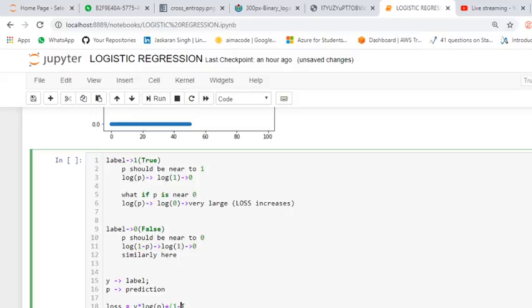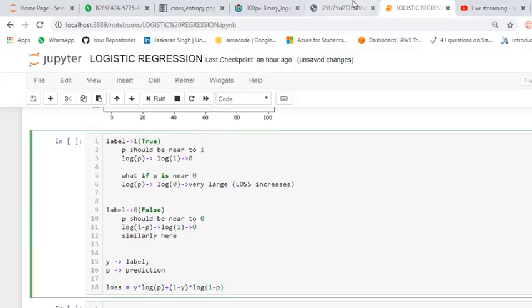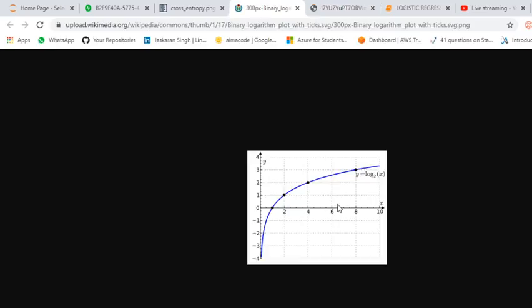Then we can say 1 minus y into log of 1 minus p, as discussed here. So this comes out to be our loss function.